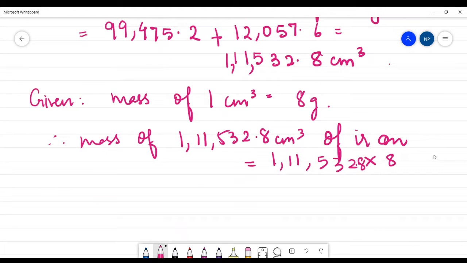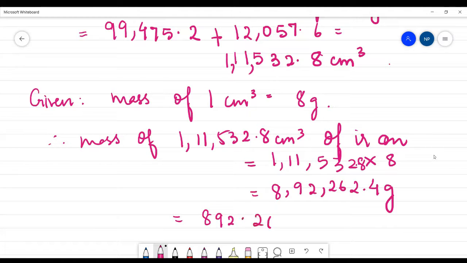We will get the answer as 8,92,262.4 gram. And if this has to be converted into kg, the answer will be 892.262 kg. This completes your question number 6.